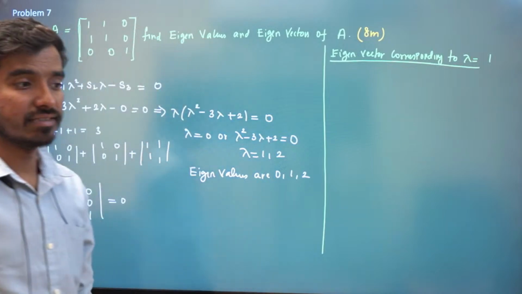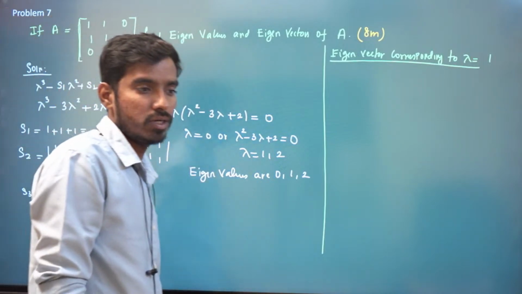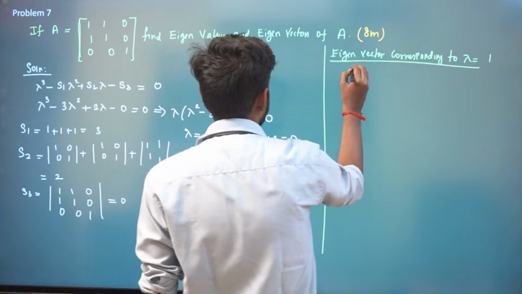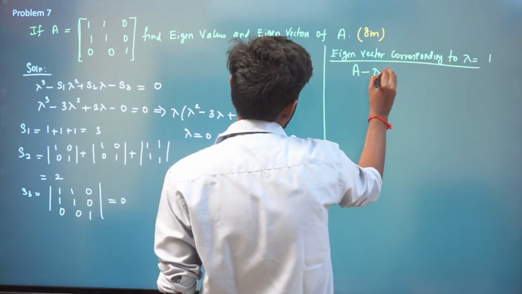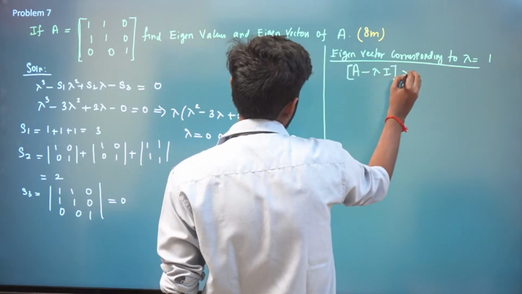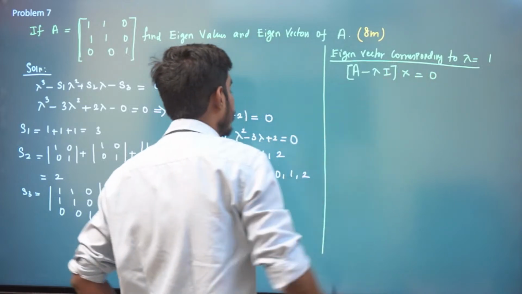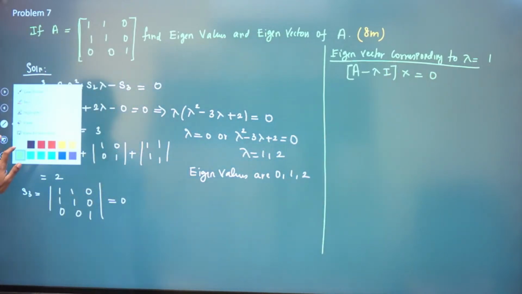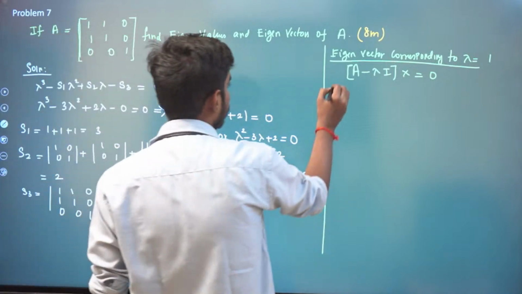A non-zero vector x is called an eigenvector if Ax is equal to lambda x. So we have (A minus lambda I) x is equal to 0. This x is our eigenvector. So find x, with lambda equal to 1 first.